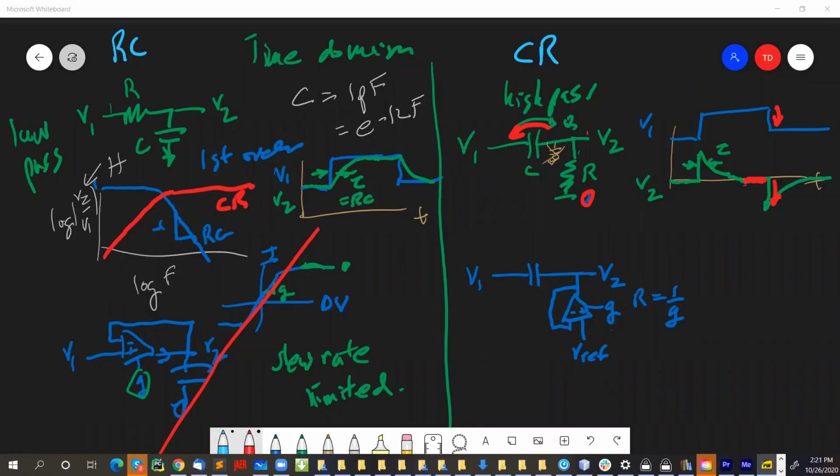Okay. Then in the frequency domain, when we look at the log of V2 over V1, the change in the slope of the curve, like the red and the blue one, blue for RC and red for CR, happens at which frequency? 1 over tau?